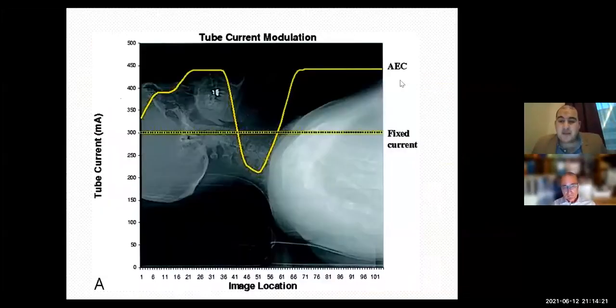As you see here, sometimes it's called automatic current selection, and it has a great benefit in CT for neck, and CT for chest, abdomen, pelvis, for any region that has a different variation in body contouring or body density.